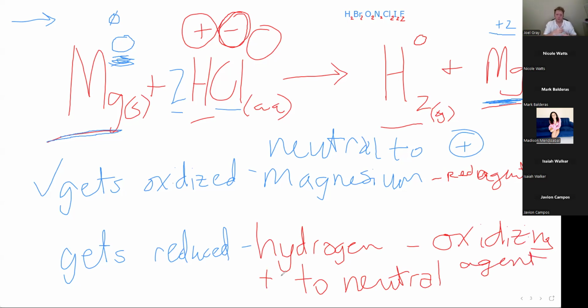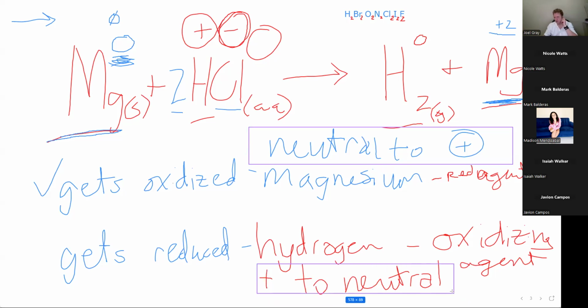So I think that a really good way to look at this is to think about it like this. Neutral to positive is oxidation. Positive to neutral is reduction.